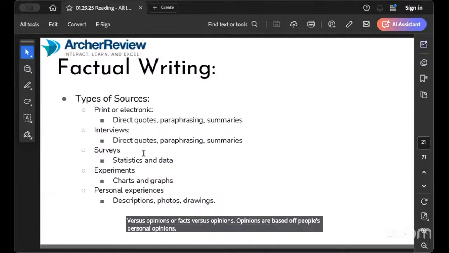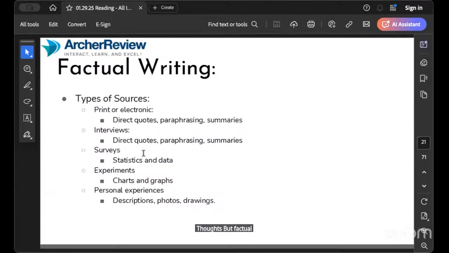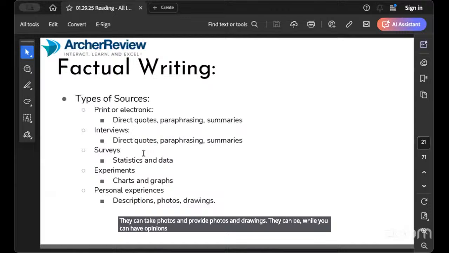Well, but factual writing can be personal experiences because a person can give a description. They can take photos and provide photos and drawings. While you can have opinions, you can have factual writing that are personal experiences because you're documenting what is happening. And I always try to keep that in mind.